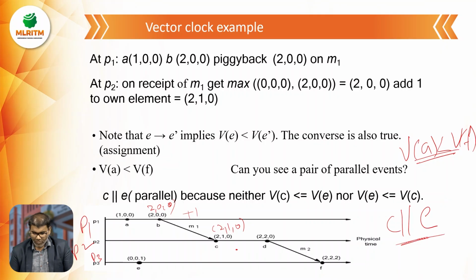Next, in process p2, again by adding 1 we get 2 comma 2 comma 0. After that, in process P3, the message is sent from process P2 to process P3 using M2. Here we are incrementing the 2.